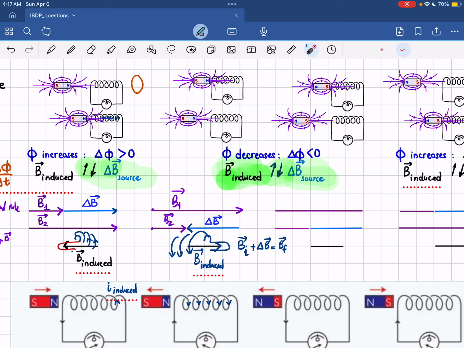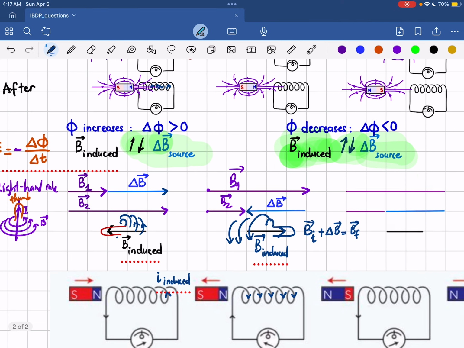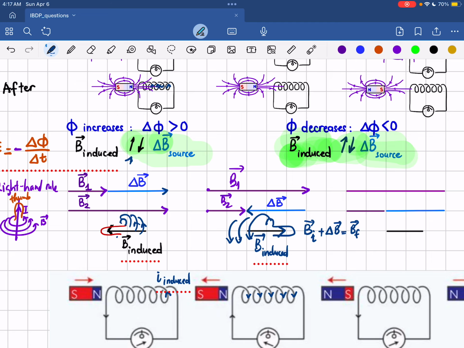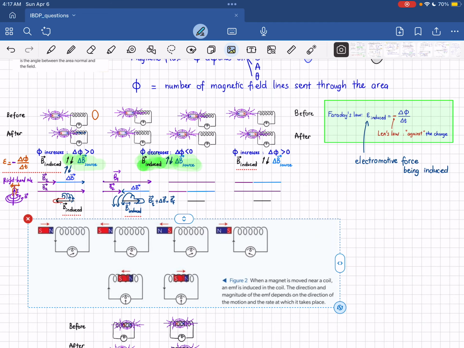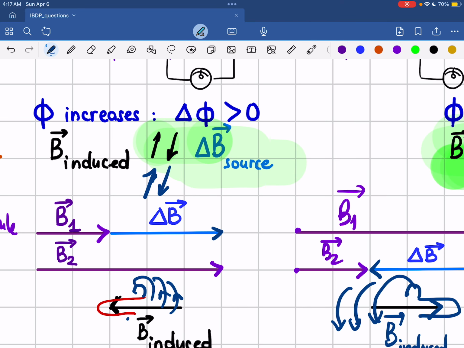But in this case, when the flux is increasing, it will be opposite to the B source. Let me write it down, then you can have some notes here. In this case, you can see that it's opposite to the magnetic field of the source, right?